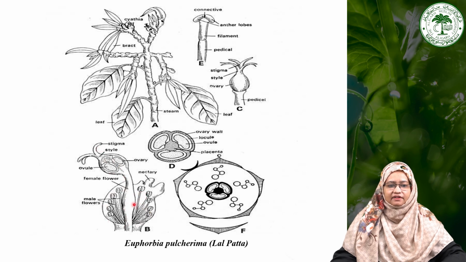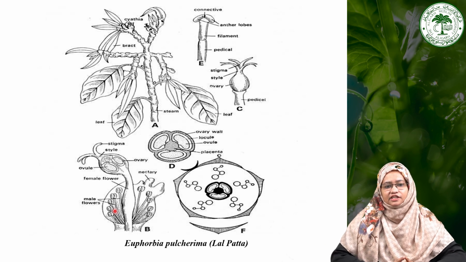The single female flower is represented by a tricarpellary syncarpous superior ovary with a trilobed structure, and the male flower is represented by a single stamen, as you can see here, and each stamen is dithecous in nature. This is the pedicel and this one is the filament, and these are the anther lobes present in this family, and this is the female flower.